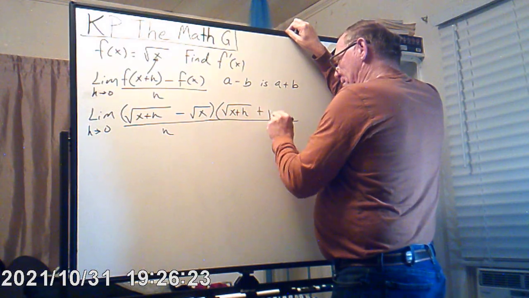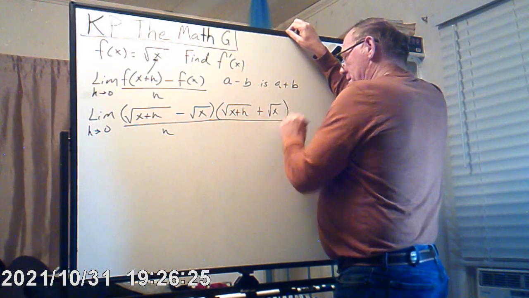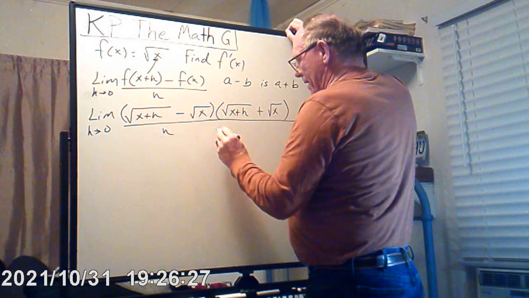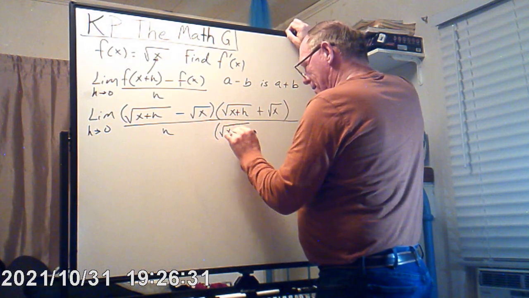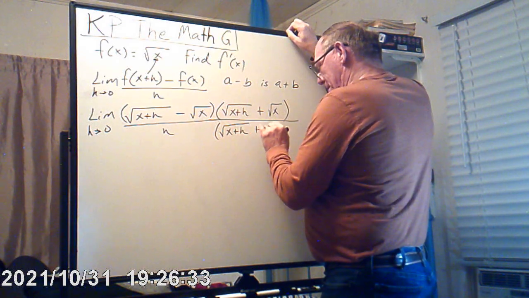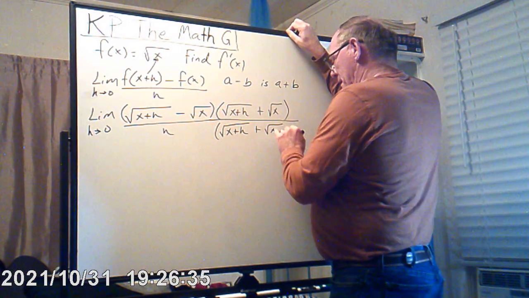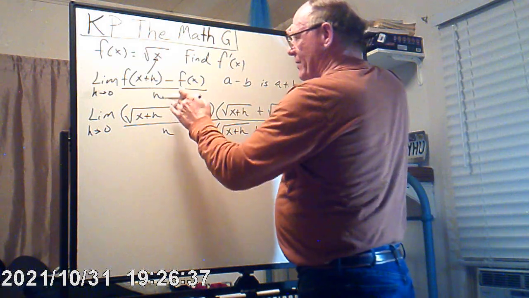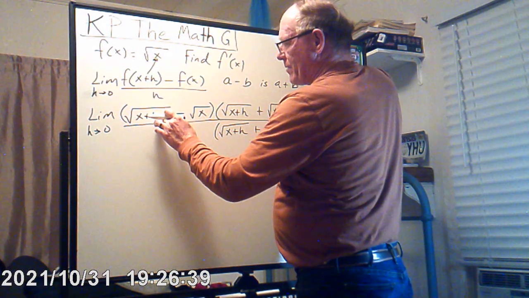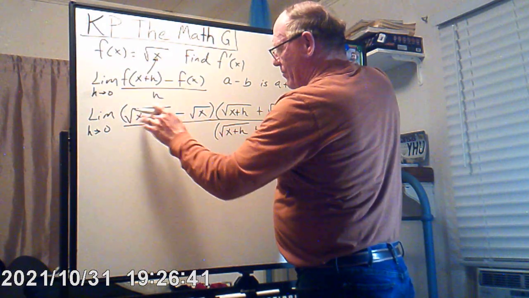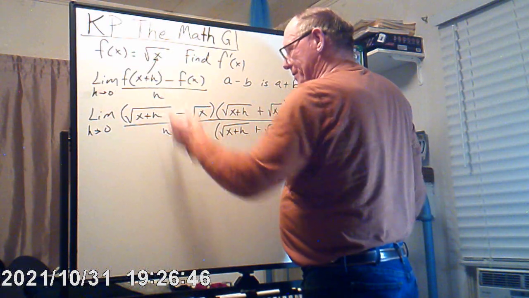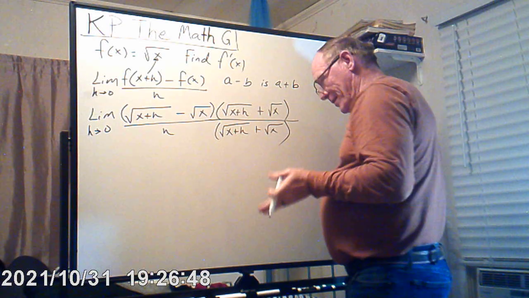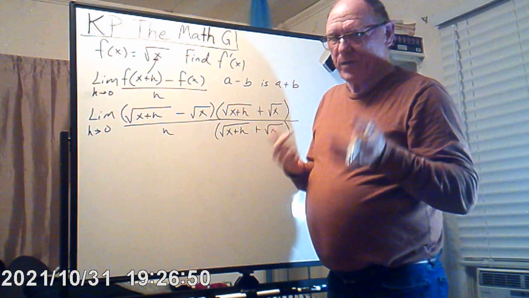And of course if we do that in the numerator, we have to throw that down here in the denominator as well. The reason we have to do that is if we plug 0 into h right now, we have the square root of x minus the square root of x, which is 0, and then 0 here, so 0 over 0. So we've got to do something a little different than just have 0 over 0.